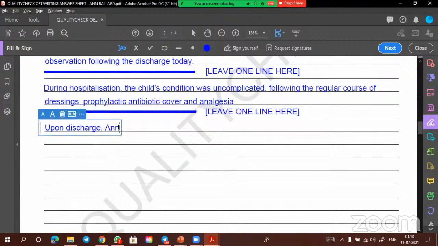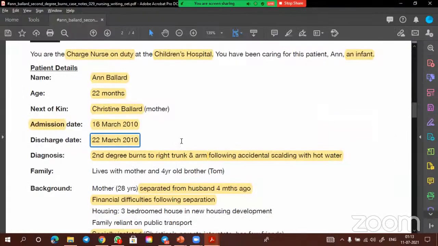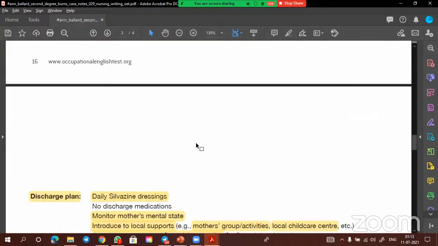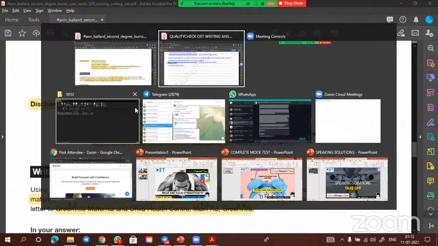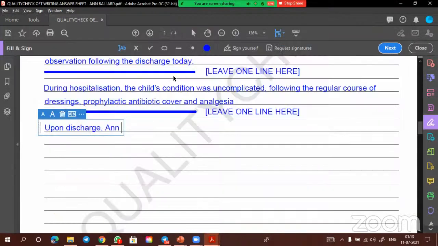Now upon discharge, what is the point here? You can see what has to be done upon discharge. Upon discharge, daily Silverzine dressings. Daily Silverzine dressings. Okay, right. Regular, daily means regular.